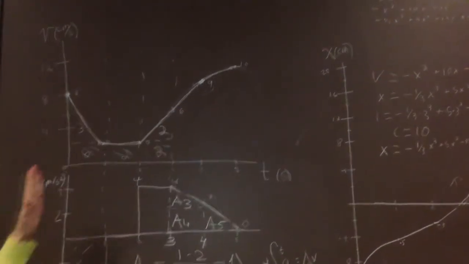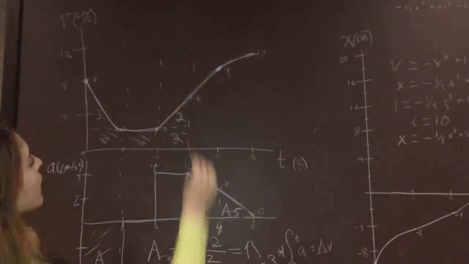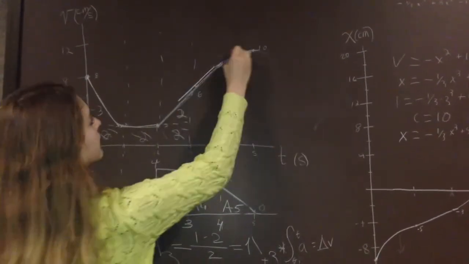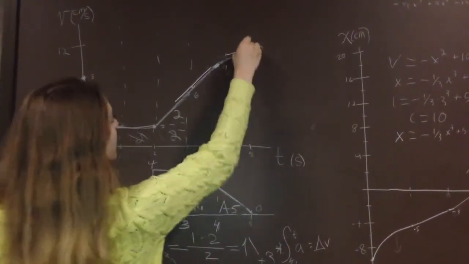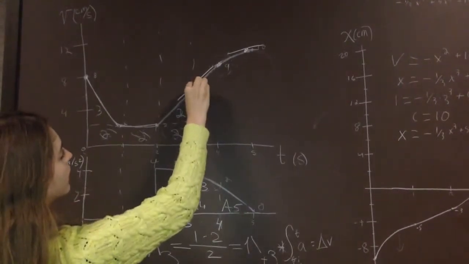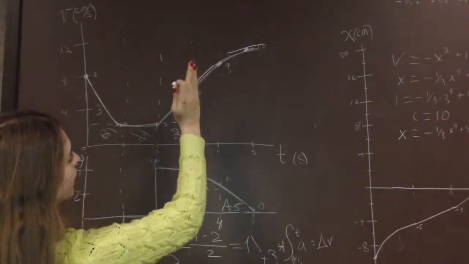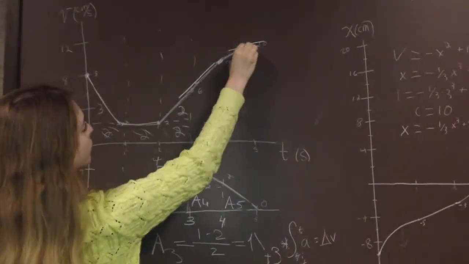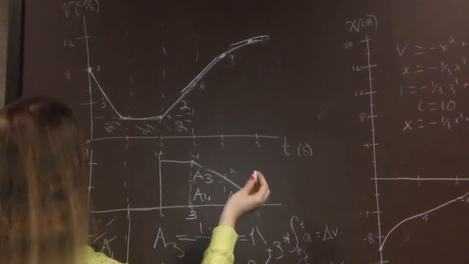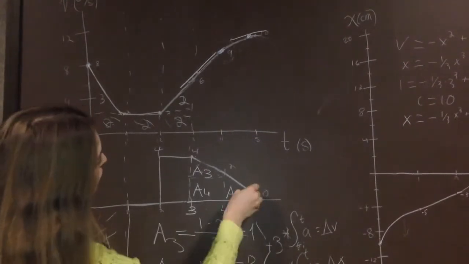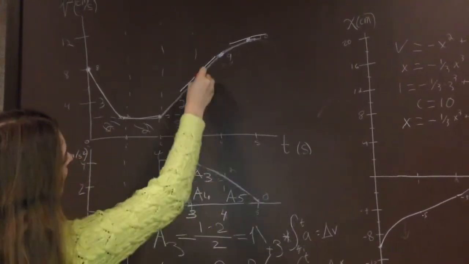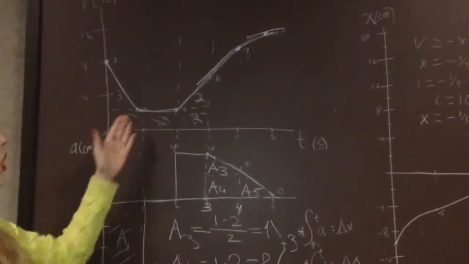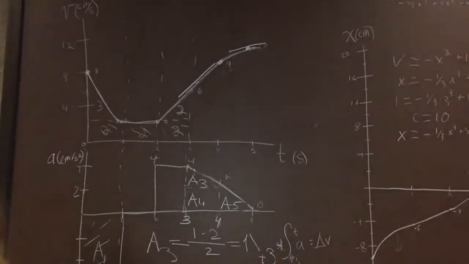And just to check if our graph is accurate or not, if we draw a tangent line here and a tangent line here, this is going to be steeper than this one, and it's going to be more flat than this one, which means that the value of acceleration at this point is going to be lower than the value of acceleration at that point. And that's right, so our graph is accurate.